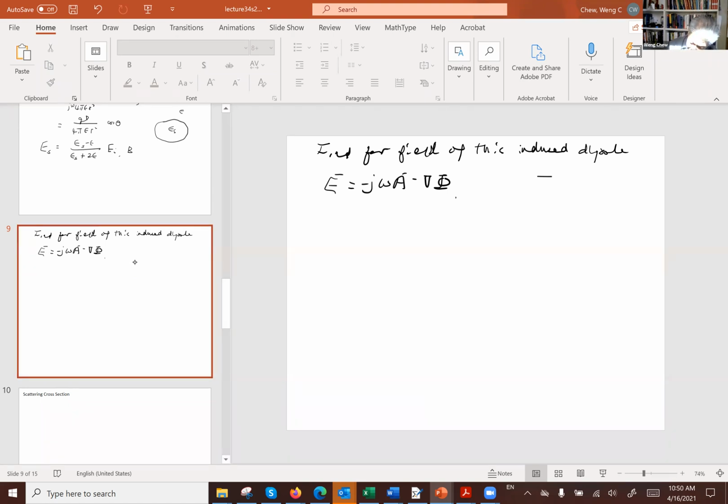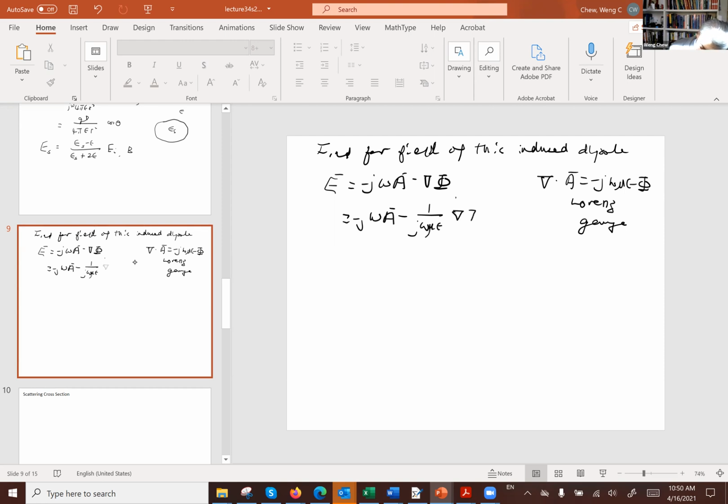So I also have the fact that divergence of A is minus j omega mu epsilon phi from the Lorentz gauge. Then I can rewrite this expression as minus j omega A plus 1 over j omega mu epsilon gradient of the divergence of A. Okay, so this is the relationship between the electric field and the vector potential A.